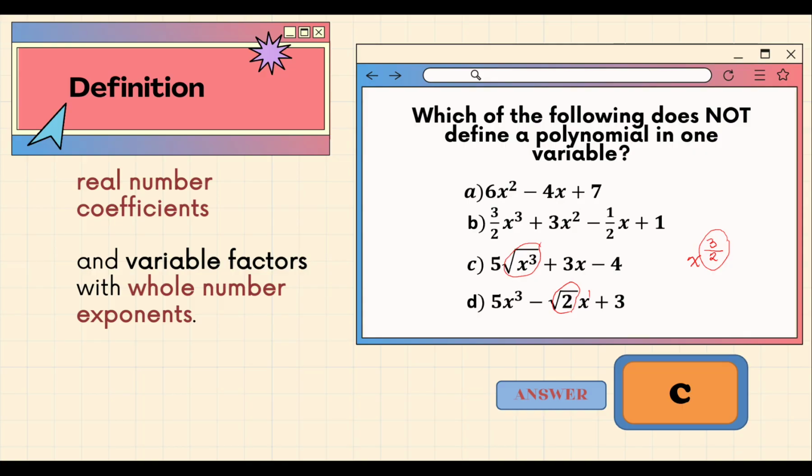Next, you check the exponent of the variable. It has to be a whole number, meaning to say 0, 1, 2, 3, and so on. It does not involve a fractional exponent. It does not involve a negative exponent. There is no radicand which is a variable. It has no denominator that is a variable. Those are the things that we have to take a look at when we consider polynomials.